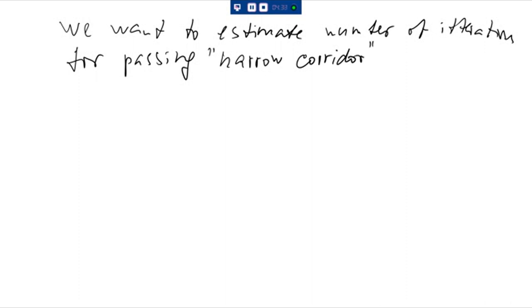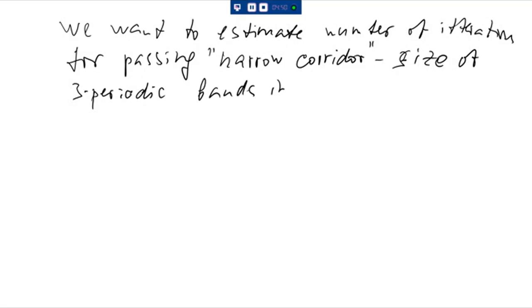Which is in fact the size of three periodic bands in intermittent solution.